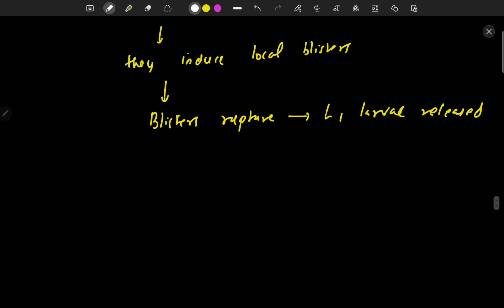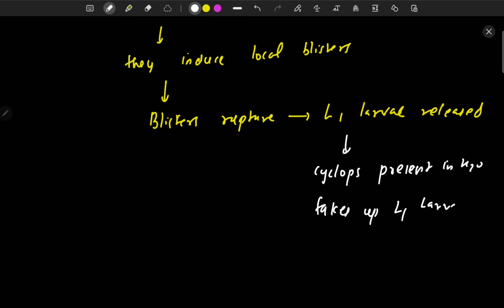After the L1 larva is released into the water, the cyclops, which is the intermediary host and is present in the water, takes up the L1 larvae.